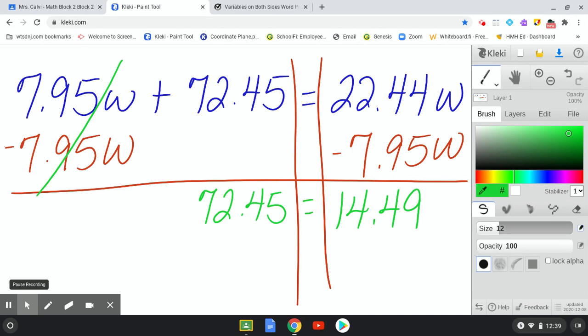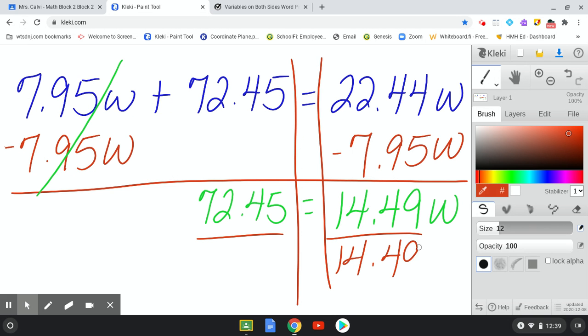$14.49, and that's W. Now, in order to get our W by itself, we have to divide both sides by $14.49. The ones on the right cancel. We finally have our variable by itself. Then we're going to do the $72.45, and we are dividing that by $14.49. And that would give us, if we actually did the division, an answer of 5.